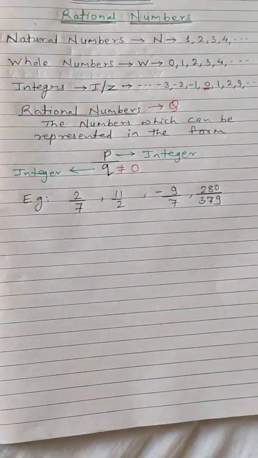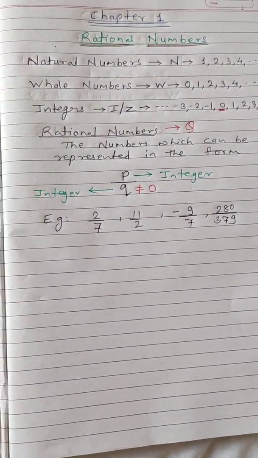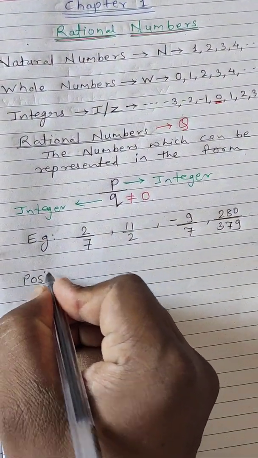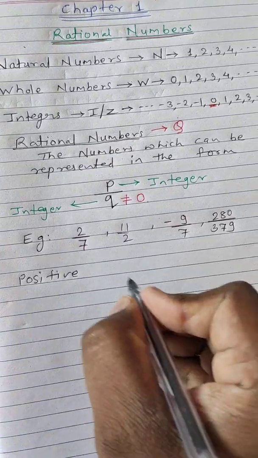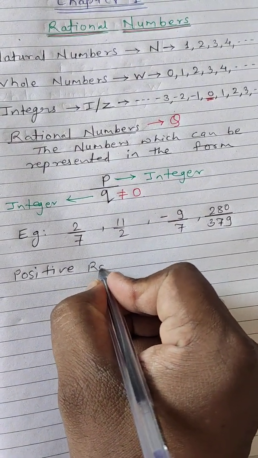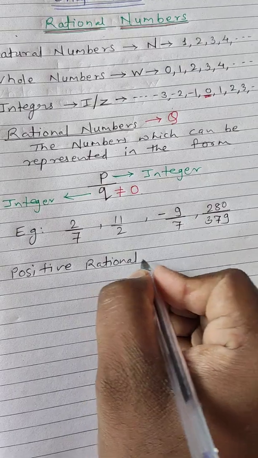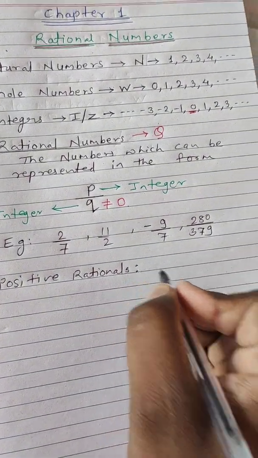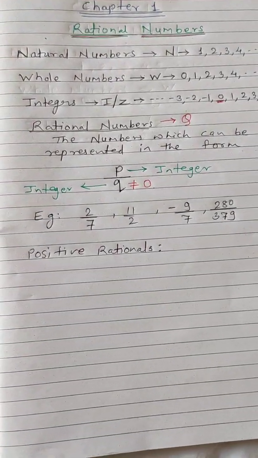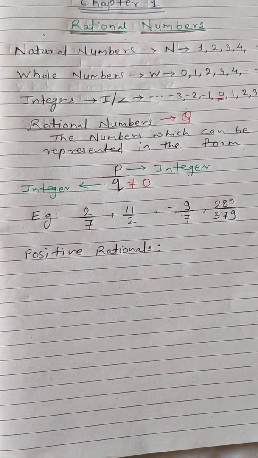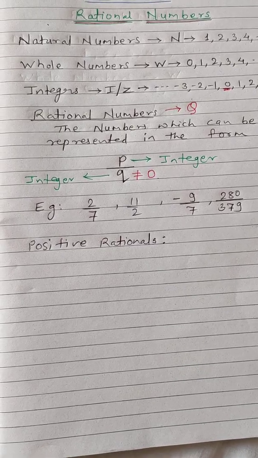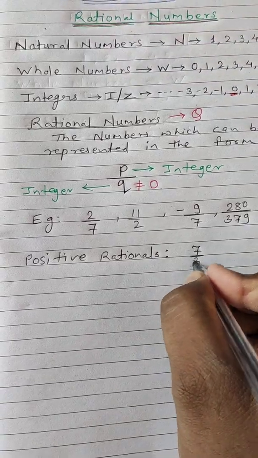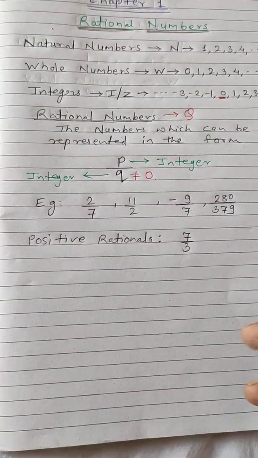Now let us discuss some different types of rational numbers. The first is positive rationals. The positive rationals mean what? Both numerator and denominator will have the same sign. That means if I am writing 7 upon 3, it is a positive rational number.